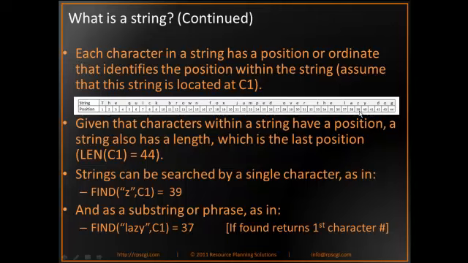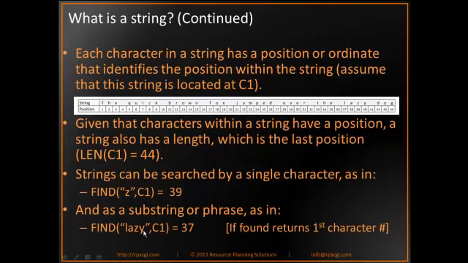The first Z is occupying the 39th space along the string. So find Z in the string at C1 returns this number 39, which tells you what space Z occupies in the character string.